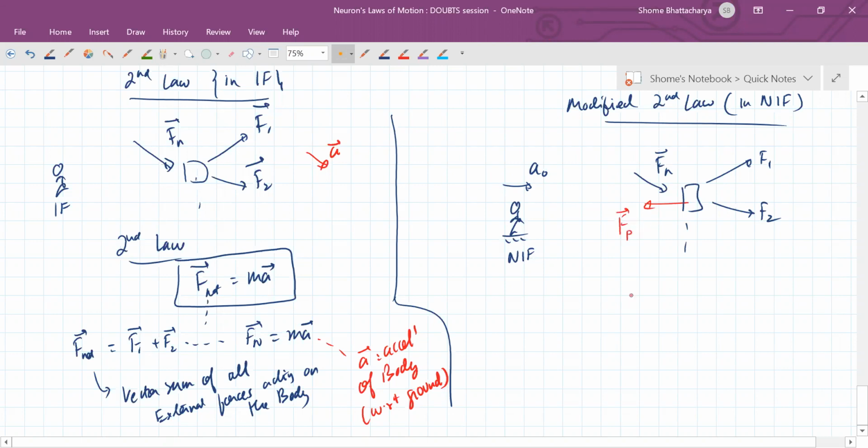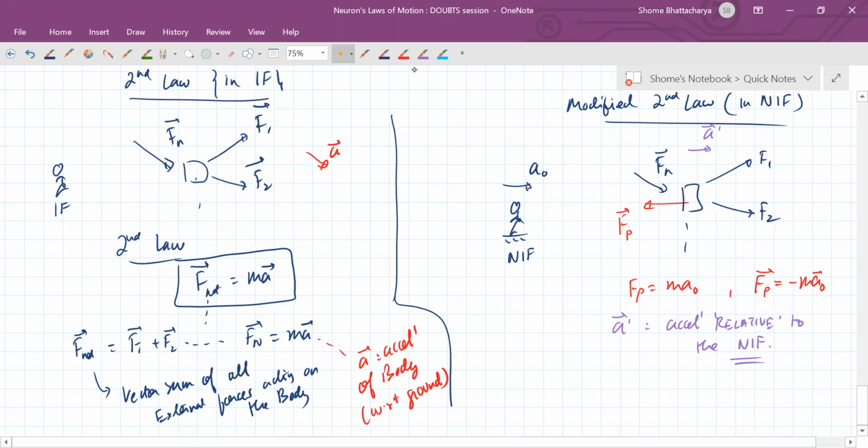Its magnitude will be equal to m a naught, but as a vector quantity it is opposite to a naught, so the direction is shown opposite. And in this frame, we'll be seeing a different acceleration of the body, a relative acceleration relative to the non-inertial frame.